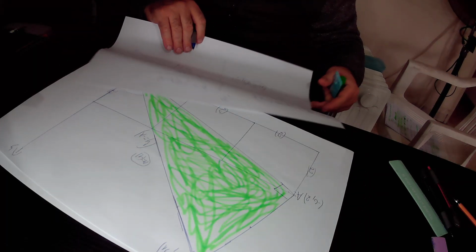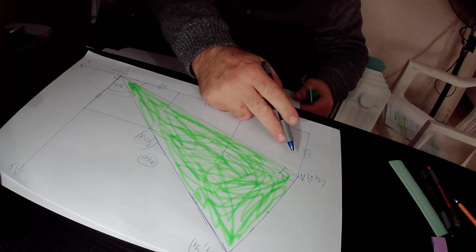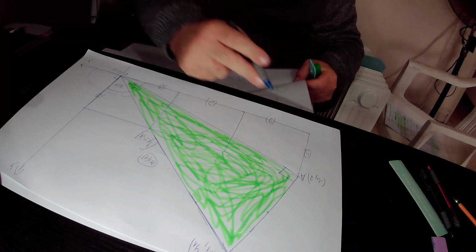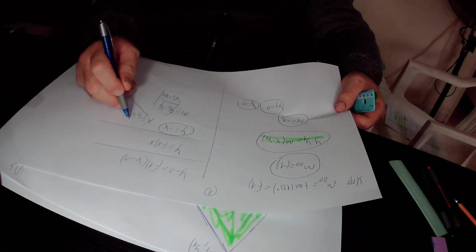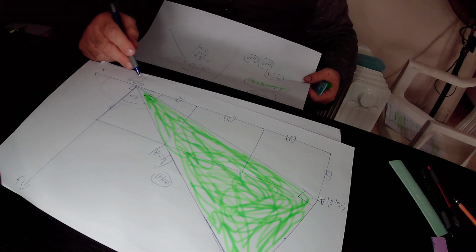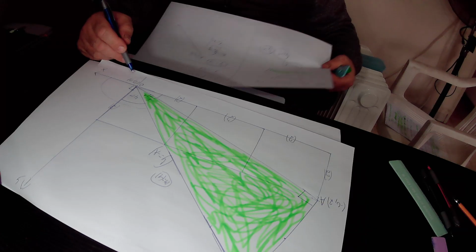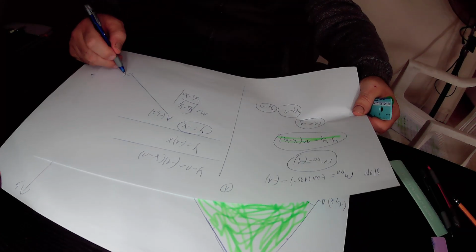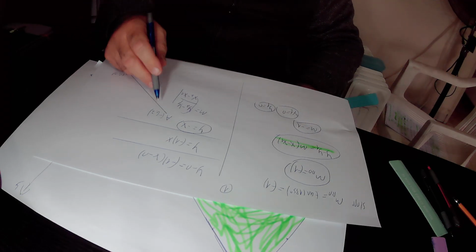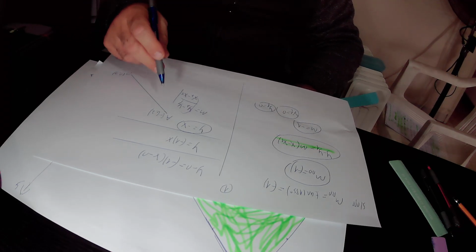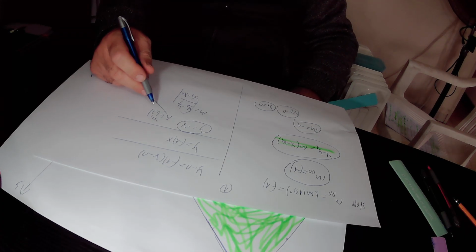We know that the coordinates of point A are minus 6 and 2. Likewise, the coordinates of this point O, that is the origin, are 0 and 0. We define the x coordinate of point A as x2 and the y coordinate of point A as y2.